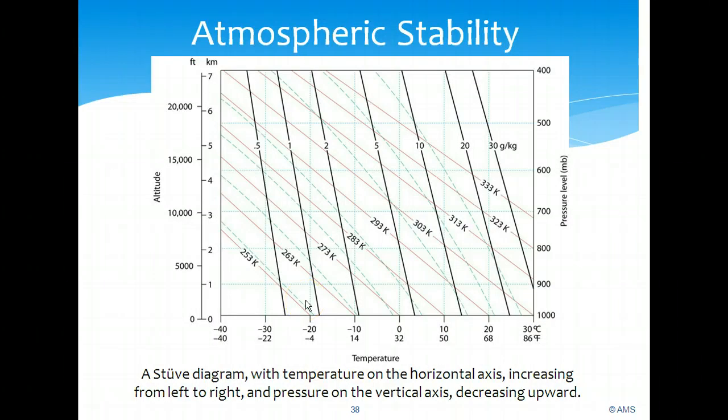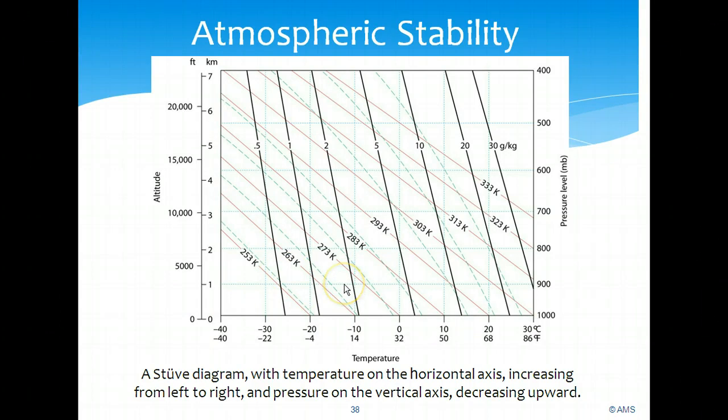This is a Stuve diagram, and it is basically used to permit the evaluation of various atmospheric processes and data which has been received from radiosondes and then graphically demonstrated on this particular Stuve diagram.